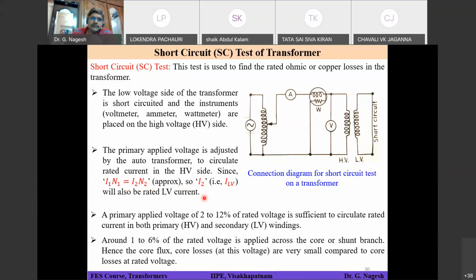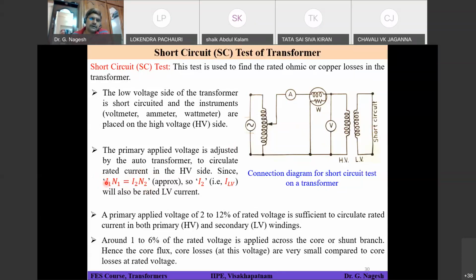So if rated current is made to flow on the primary side, that means HV side in this case, automatically rated current will flow on the secondary side also, that is LV side. Only the small error is the excitation current, which is very small, so we are going to neglect it here also. So approximately I1 N1 is equal to I2 N2.